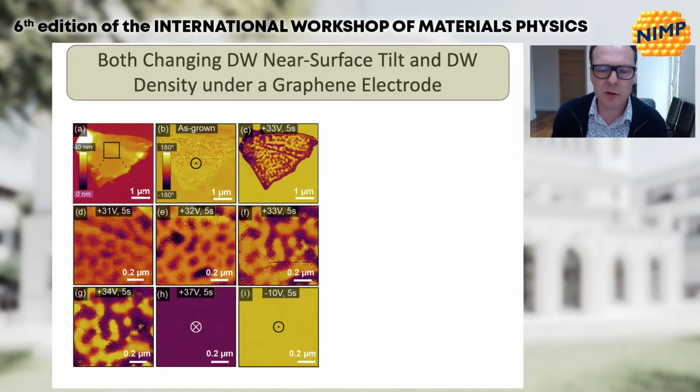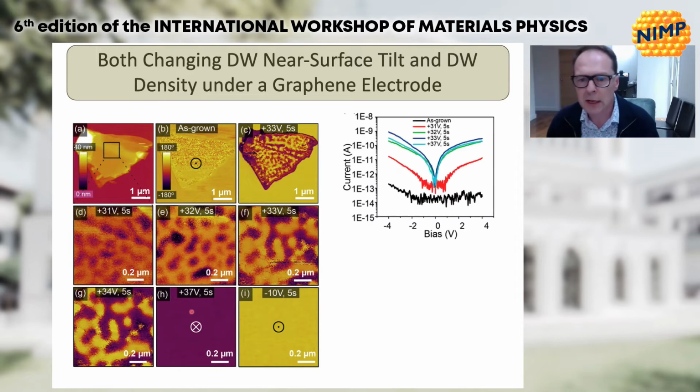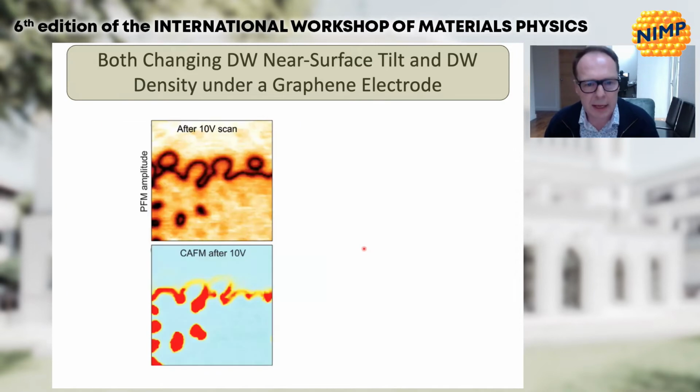We have a graphene electrode, which is nice because you can image through it. But basically, you see that as you go through different applied voltages, you change the microstructure as we had before. And that's one thing that is playing a role here. But equally, also the angle is playing a role. So here's a top surface scan of a domain wall after waking the system up.